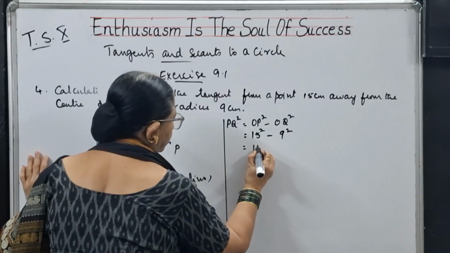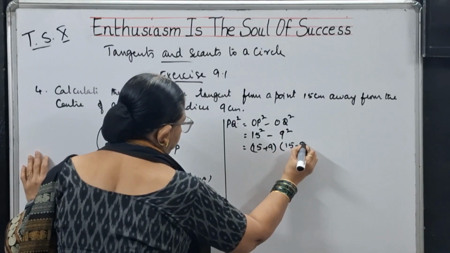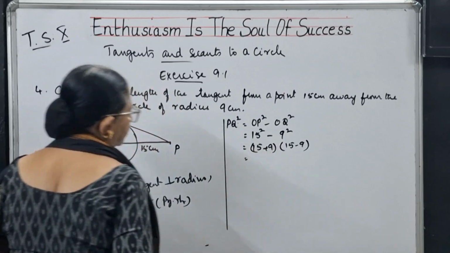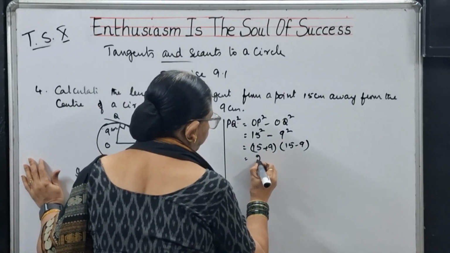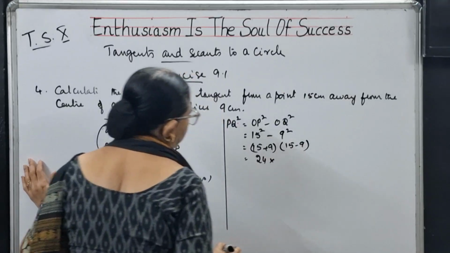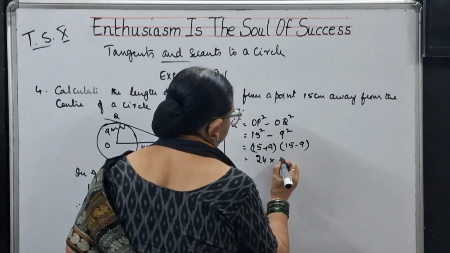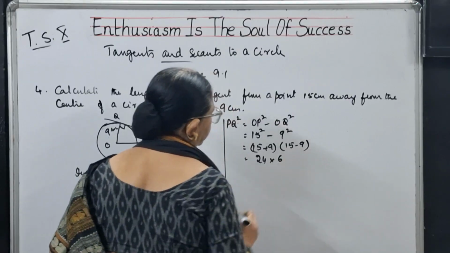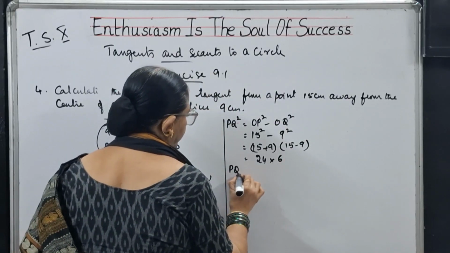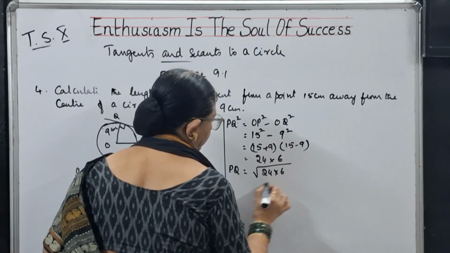A square minus B square is A plus B into A minus B. So 15 plus 9 is 24, and into 15 minus 9, how much? 6. So what is PQ? Root of 24 into 6.